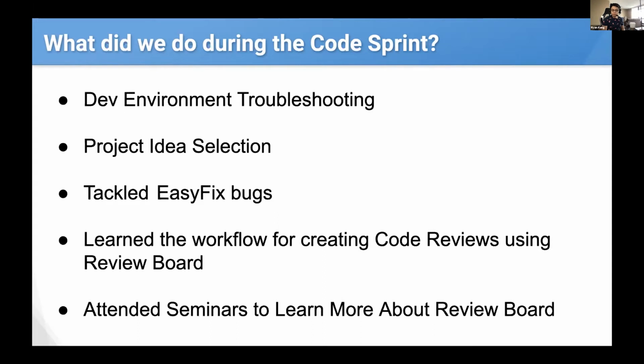We also were able to fix some easy bugs on Review Board. This allowed us to get familiar with the workflow of code reviews and how to post changes to Review Board and the code base as well. And then we learned more about this code base during some seminars that went over the overview and the technologies used in Review Board.